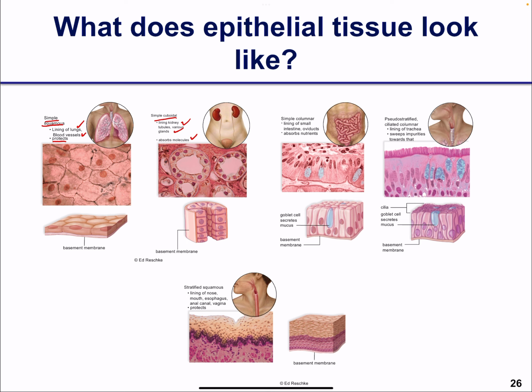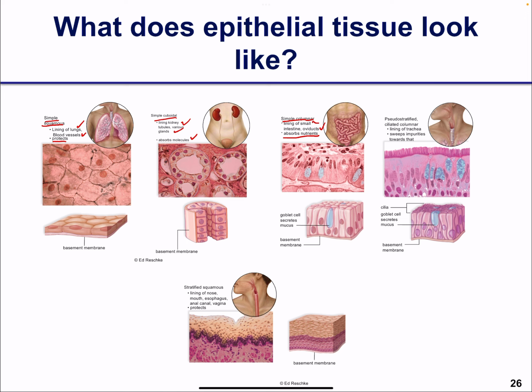How about the simple columnar epithelium? The simple columnar epithelium, they're going to be typically found lining the small intestine, the oviduct. They're going to be also found lining the large intestine, right? What is their job? Is to absorb nutrients.